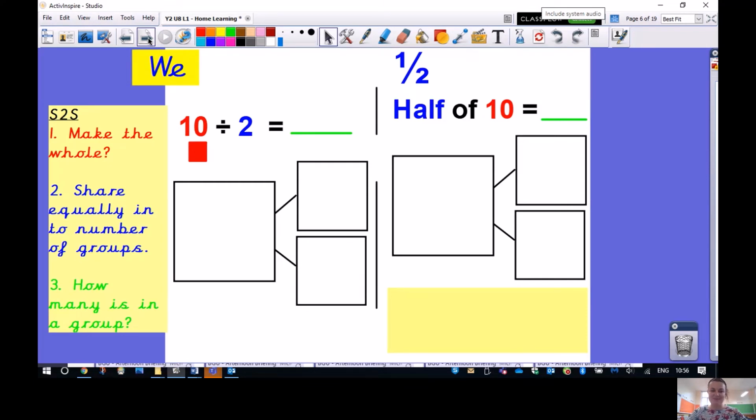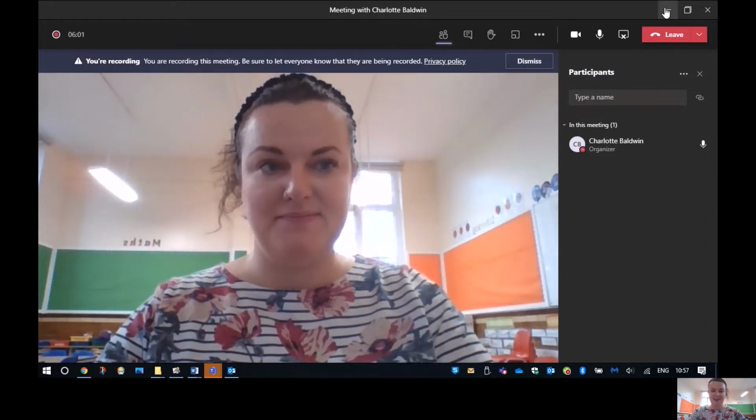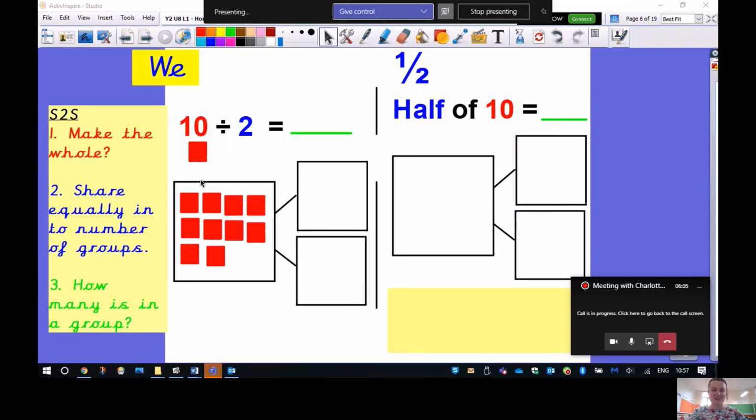Let's have a look at this one together. What was the first step? You're right, I need to make the whole. 1, 2, 3, 4, 5, 6, 7, 8, 9, 10. I've got 10 in my whole. My whole is 10.